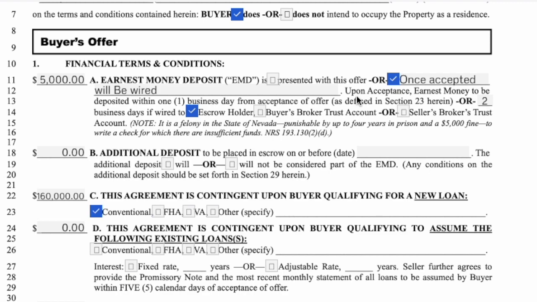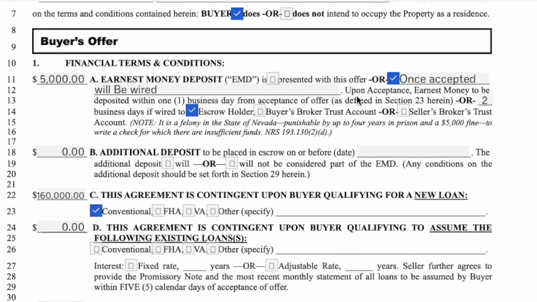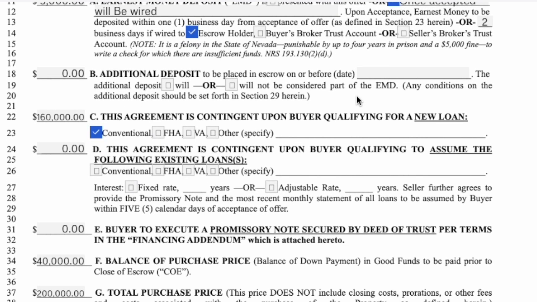You want to just make sure that it's not too long, to where it pushes the seller away to another offer where he can get this transaction done faster. So that's all strategic as well as circumstantial. Once you figure out where or when you're going to wire that EMD, we'll make that happen. We'll get this escrow open and get the transaction going.